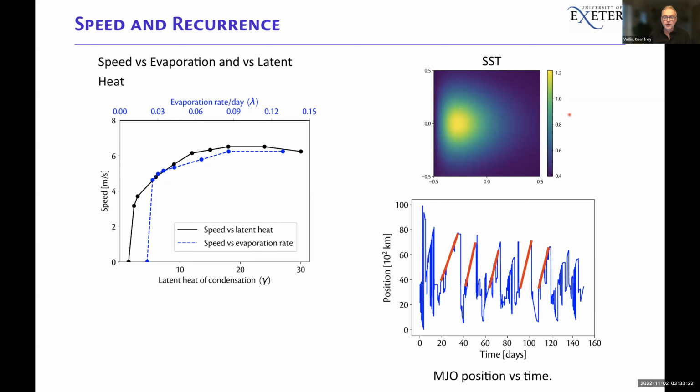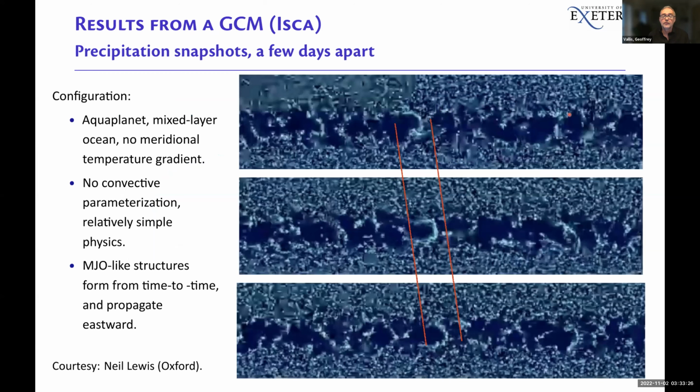Somewhat like reality. Now, it turns out also you can, and this is unpublished work done by a student at Oxford, Neil Lewis, who's now back in Exeter, we configured a fairly simple general circulation model, and we can see similar kinds of patterns here.